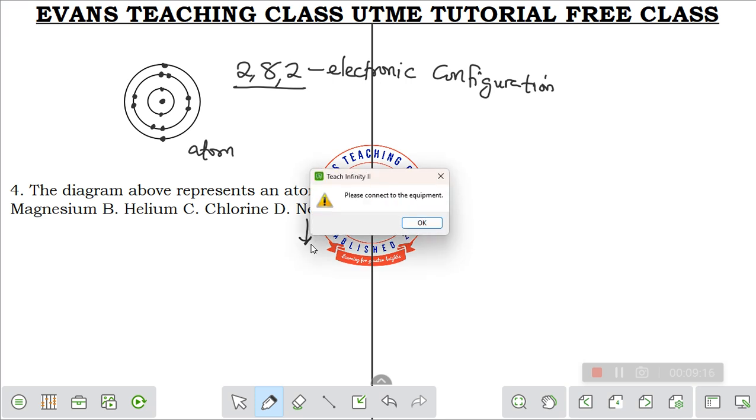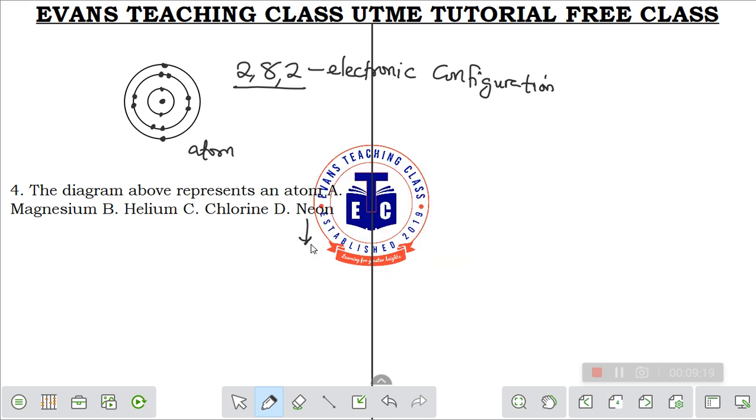I hope you get it. So neon, the atomic number is 10, so the electron configuration is 2,8. Chlorine is actually a topic on its own, so I thought it's part of the things we are going to be doing in the paid class. If you are interested in the paid class, make sure that you register, in which we are going to do all these things in detail.